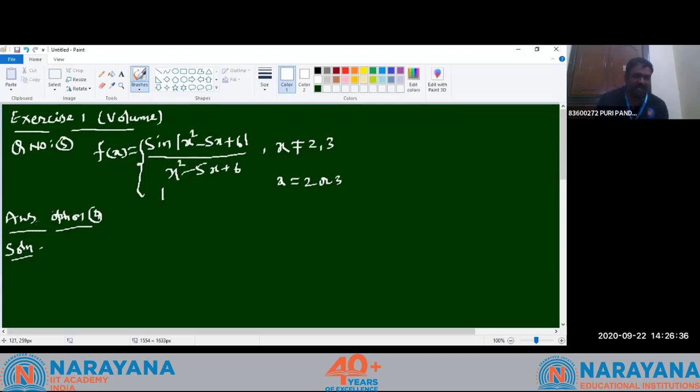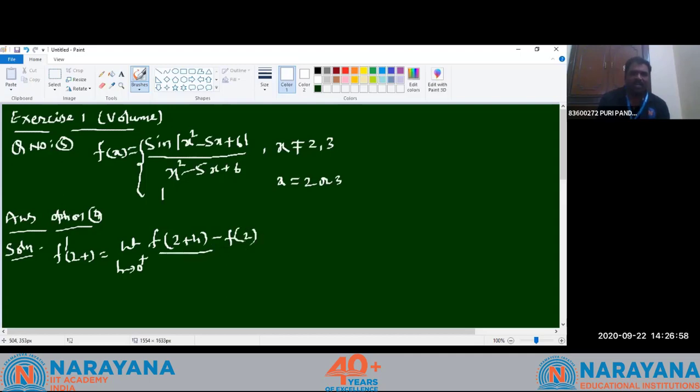If you take f dash of 2 plus, that means limit h tends to 0 plus of f of 2 plus h minus f of 2, by h.